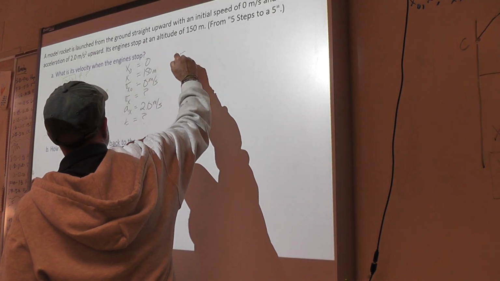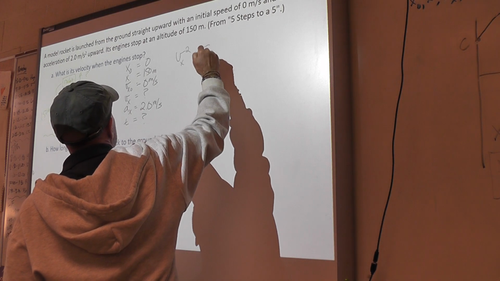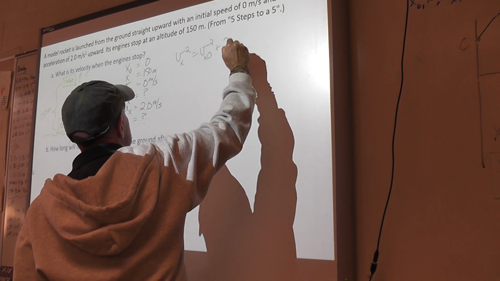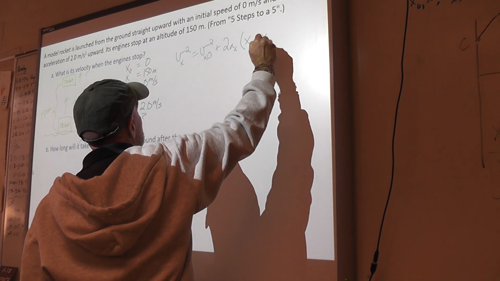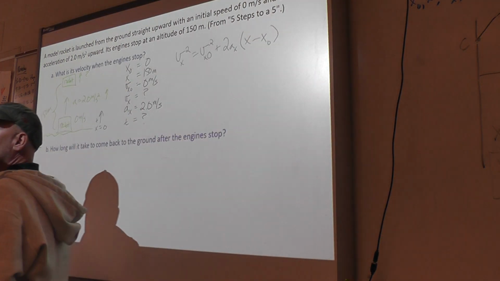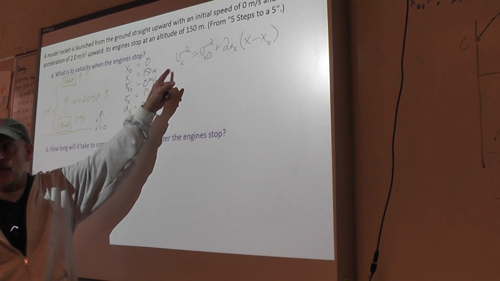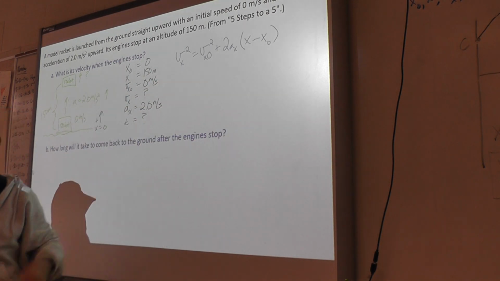The final velocity squared is going to be equal to the initial velocity squared plus 2 times the acceleration times the displacement. And in this case, the variable we're looking for is final velocity, so we just take the square root of both sides.